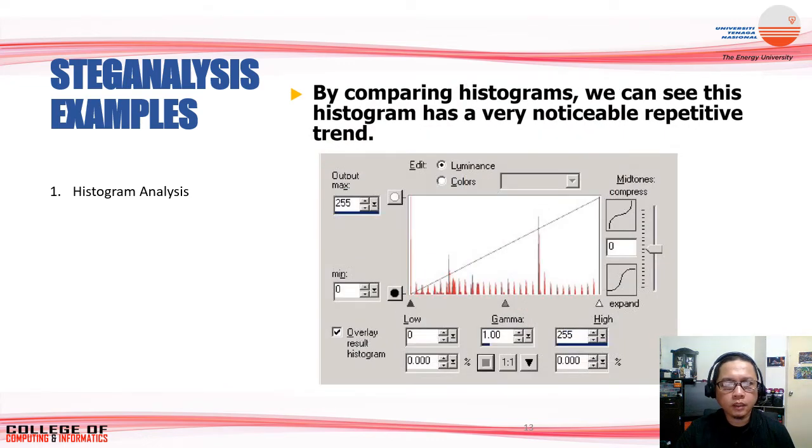Here, if an image actually has certain embedding going on, you can see the distribution is very much different: it is very uniform, and you can see certain patterns that are far from being random. So this is where histogram analysis comes in.